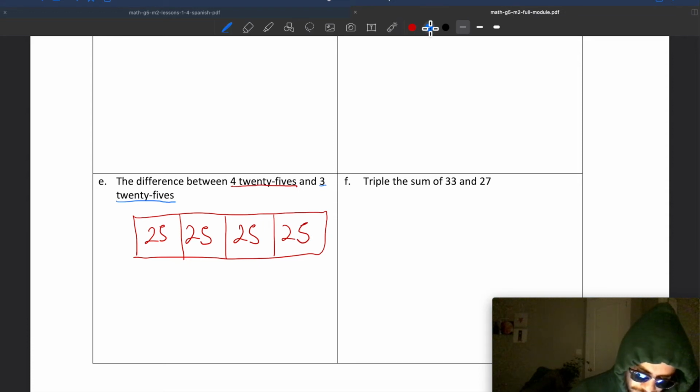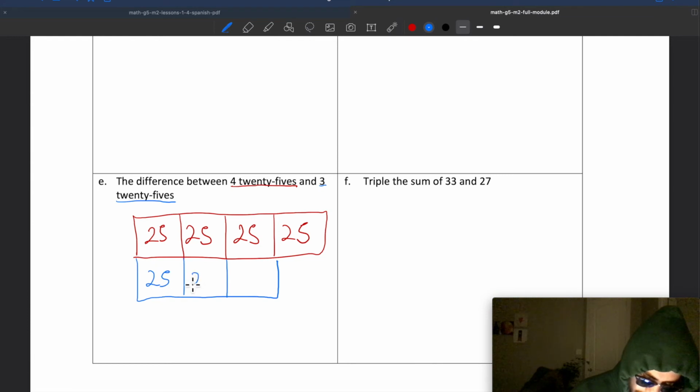Now I'm going to show you 3 25s in blue. So here's a tape diagram right at the bottom showing me the 25s.